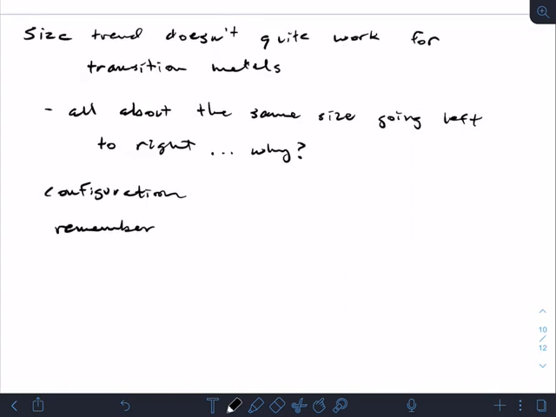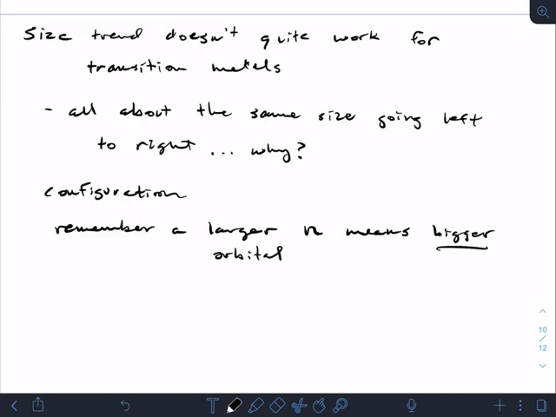Remember what we said at the beginning of the last video: a larger n value means a bigger orbital, bigger being the operative word here.